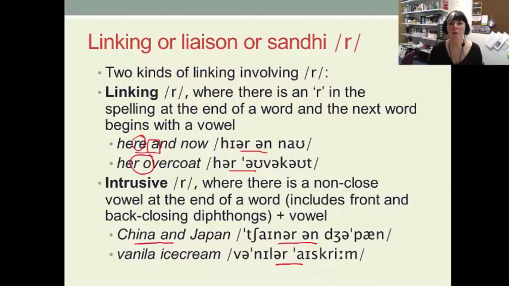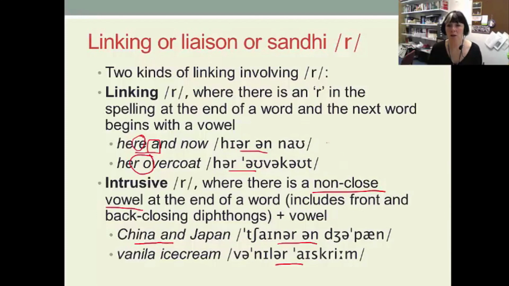Now what do I mean by a non-close vowel? Well, this is by analogy with what happens with linking R. If there's an R in the spelling at the end of a word, we are not going to get any vowels that are close or that are closing diphthongs, where the tongue ends high in the mouth.